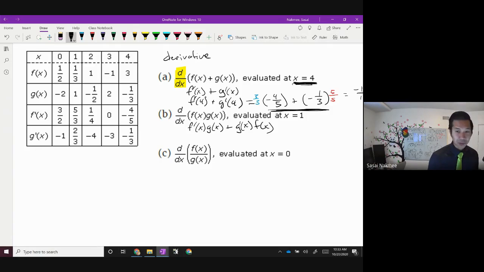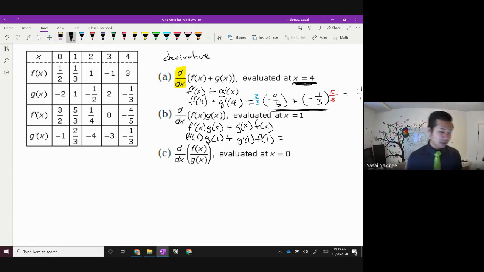So I'm not just doing the derivative of f times the derivative of g. If I did that, that would be wrong. That's not how derivatives work when your functions are being multiplied. All right, it's the derivative of the first function evaluated at 1 times the second function evaluated at 1 plus the derivative of the second function evaluated at 1 times the first function evaluated at 1.